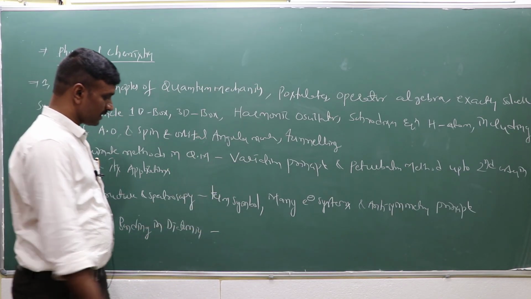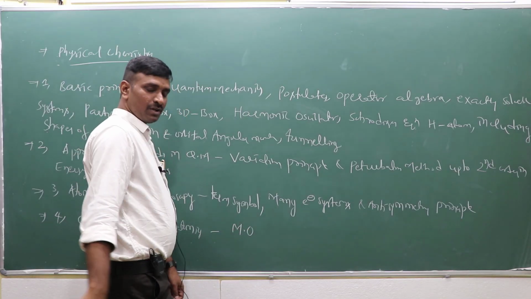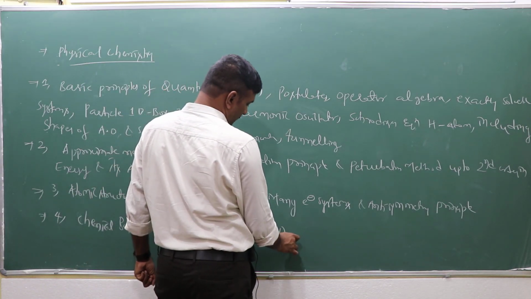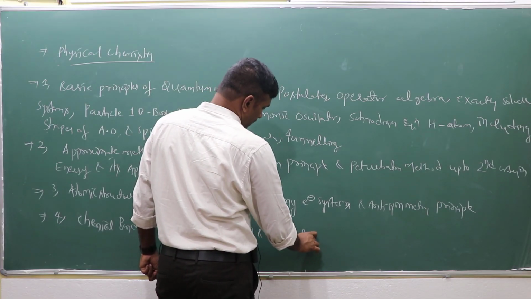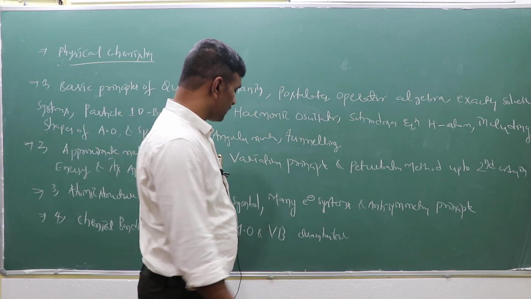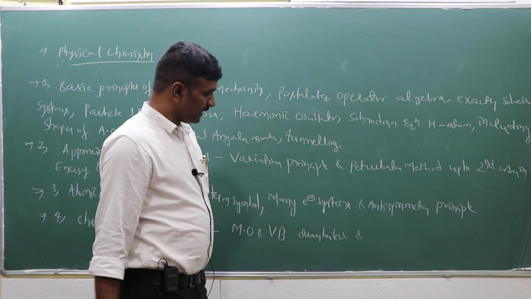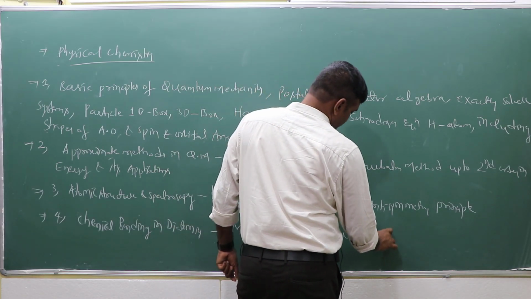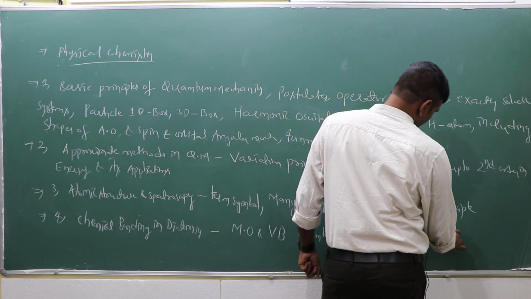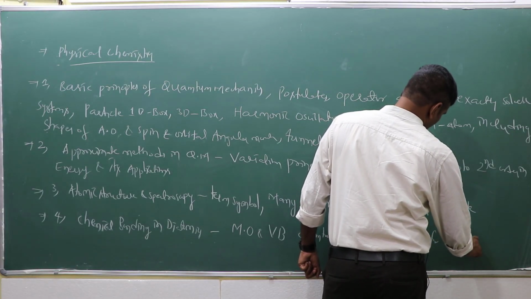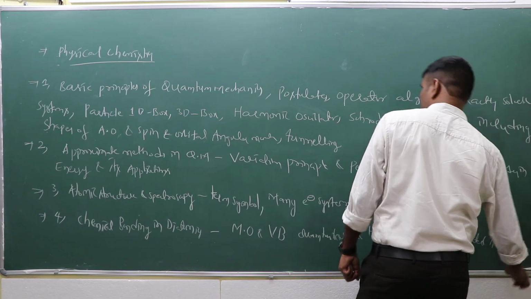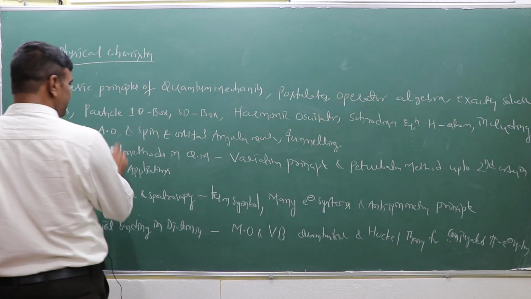In this topic, molecular orbital theory and valence bond theories are mentioned, in quantum mechanical treatment, and Huckel theory or Huckel molecular orbital theory for conjugated pi electron systems.